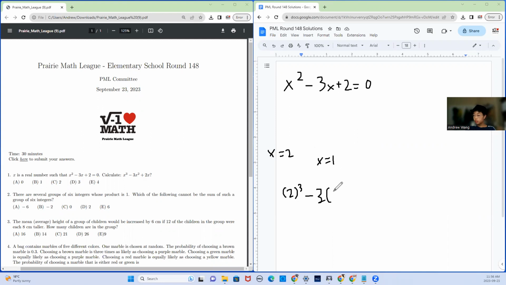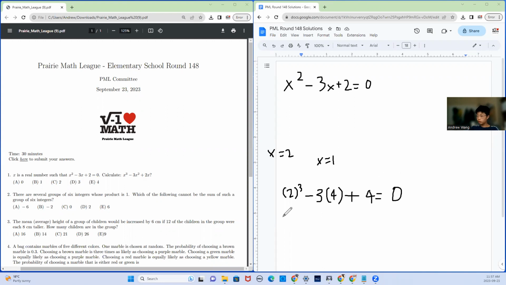So 2 squared, we can just put as 4. Three times 4, and then plus 2x, so plus 4. That will equal 8 minus 12, negative 4 plus 4 is 0. So when we plug in x equals 2 into the equation, we get 0.